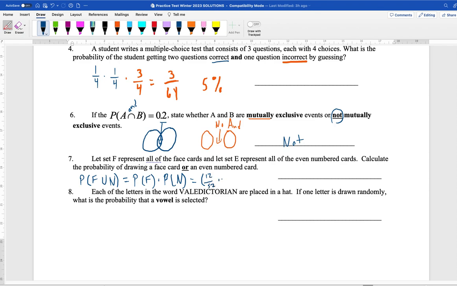The probability of a number card is 2, 3, 4, 5, 6, 7, 8, 9, 10, so 9 times 4 is 36. 36 over 52, which equals, I was going to put brackets around those, I guess, 12 over 52 times 6 over 52.